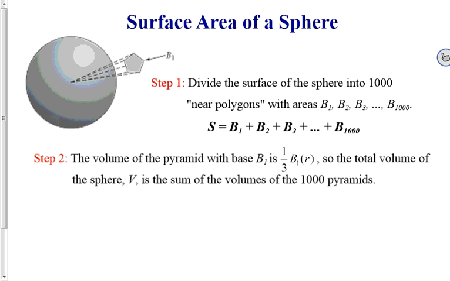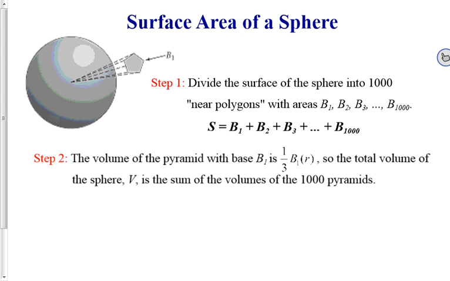Now remember that the volume of a pyramid would be the area of the base, which is our B sub 1, times the height, which, remember, the height of this pyramid is the radius of the sphere because the vertex goes back to the center of the sphere. So we come up with the volume of the pyramid to be 1/3 B sub 1 times r.